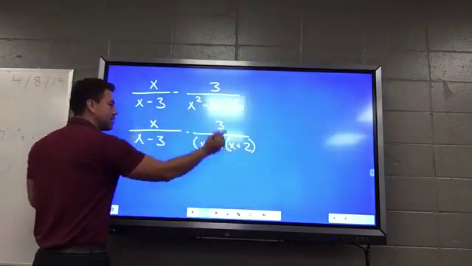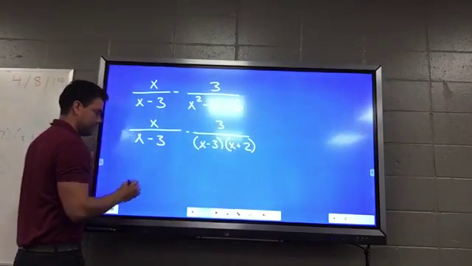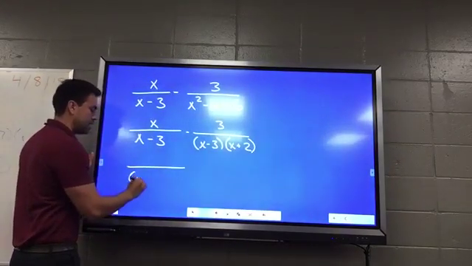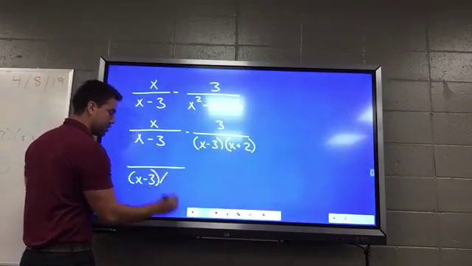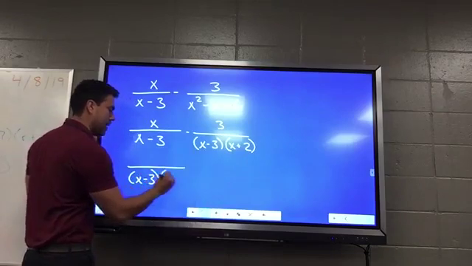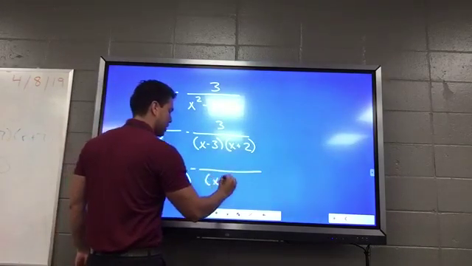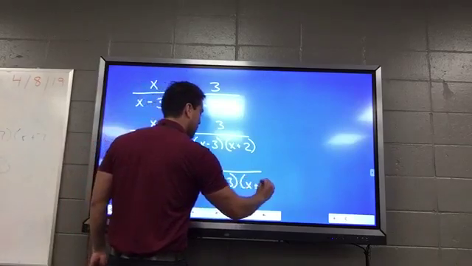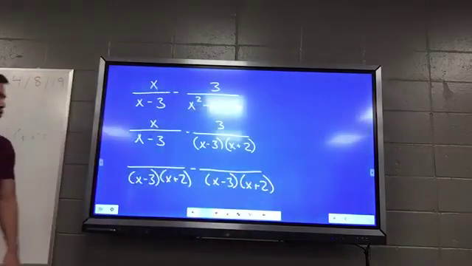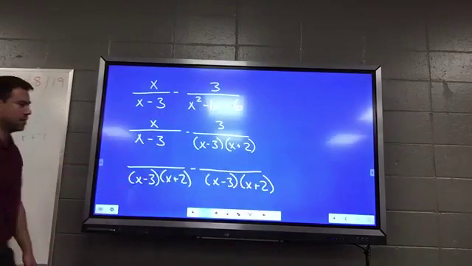All right. What's the LCM of those two denominators? x minus 3, x plus 2. So I want both denominators to be that. What did I multiply the first fraction by so that I can get that? x plus 2.